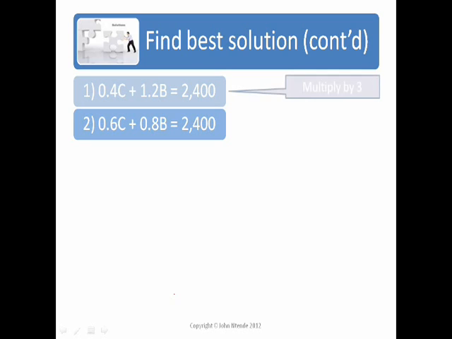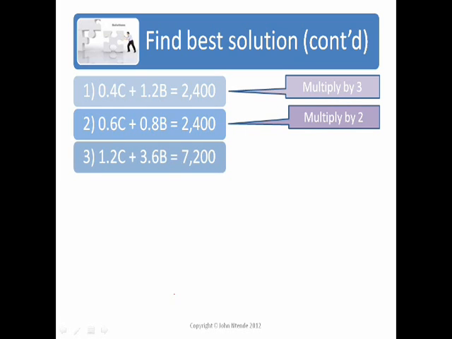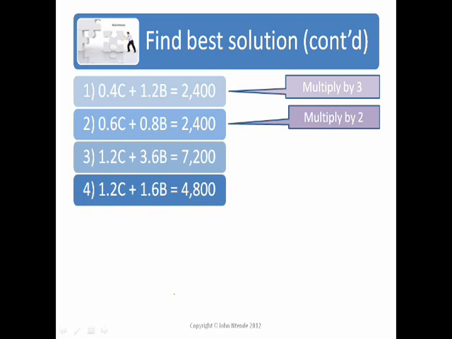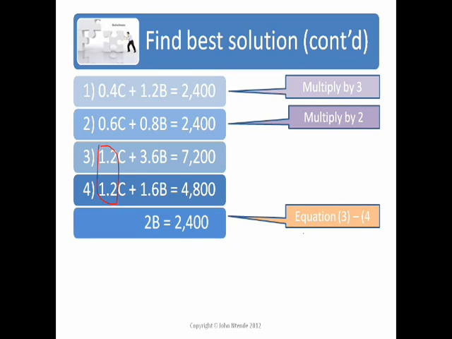So we multiply the first equation by 3 and the second equation by 2, which gives us equation 3 and equation 4. You can see that the figure before C in equation 3 and 4 is the same. So if we subtract equation 4 from equation 3, we end up with 2B equals 2,400.